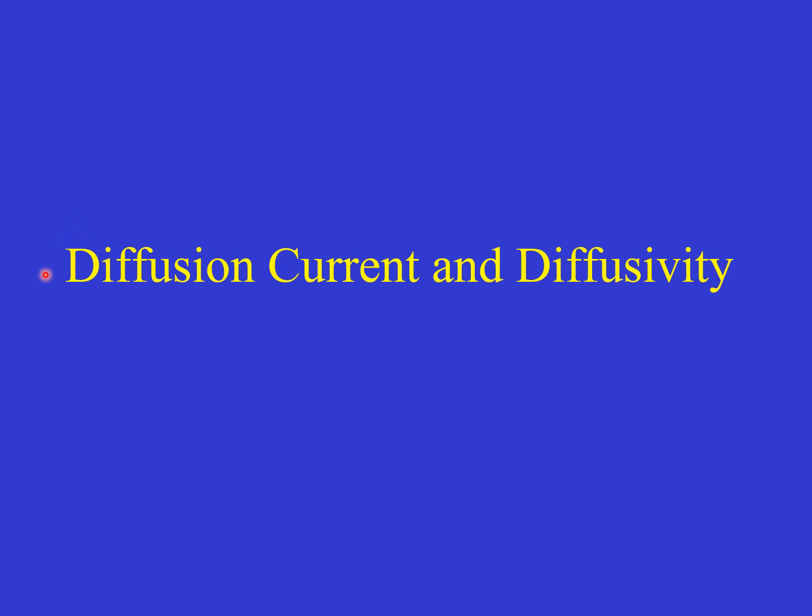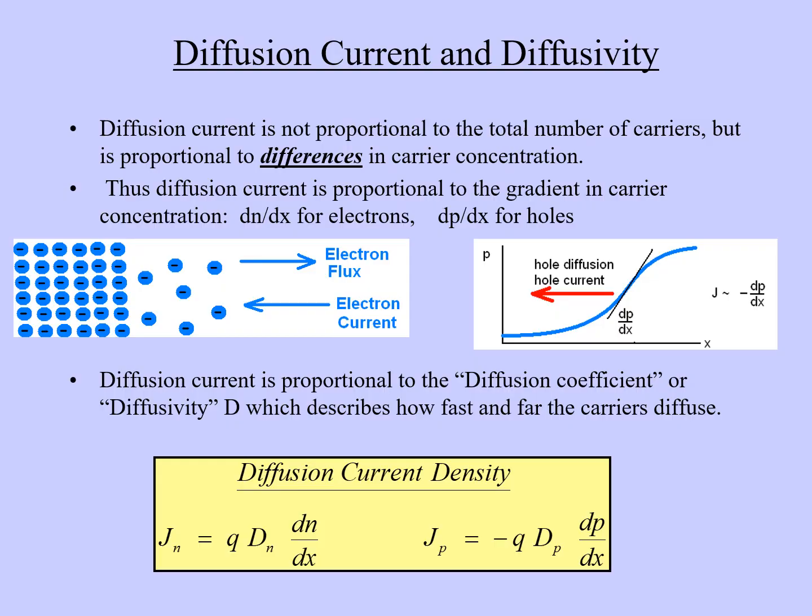So we've looked at drift current and mobility. Now we're going to look at the other type of current, that is diffusion current, and that will lead us to something called diffusivity. So remember that diffusion current is not proportional to the number of carriers present, but it's proportional to the differences in the carrier concentration. So in other words, diffusion current is proportional to the carrier gradient, or the gradient in carrier concentration.